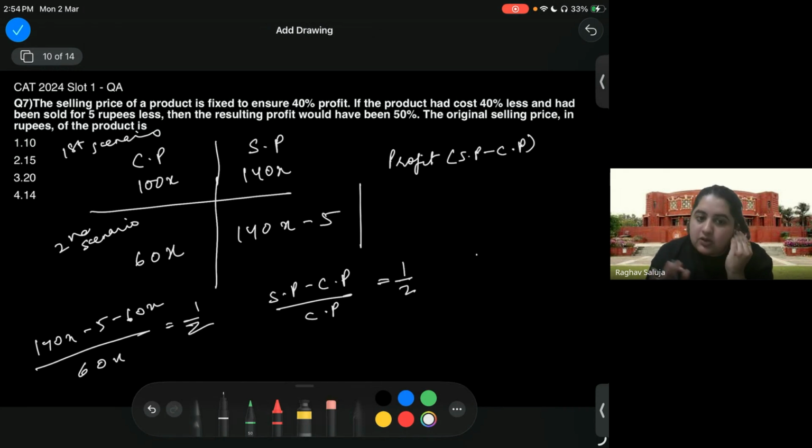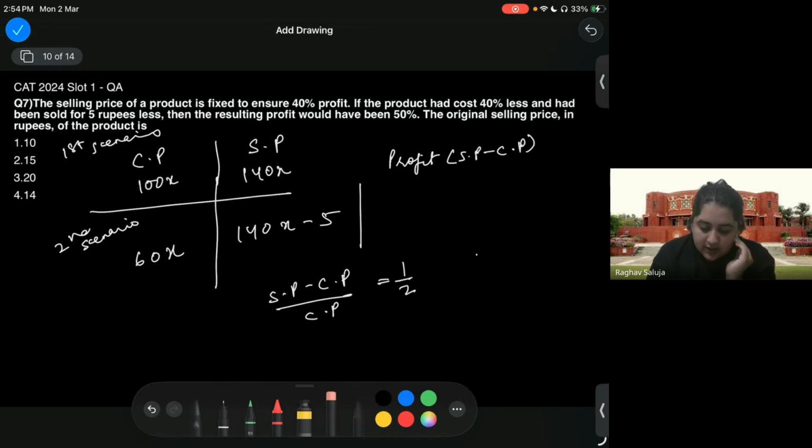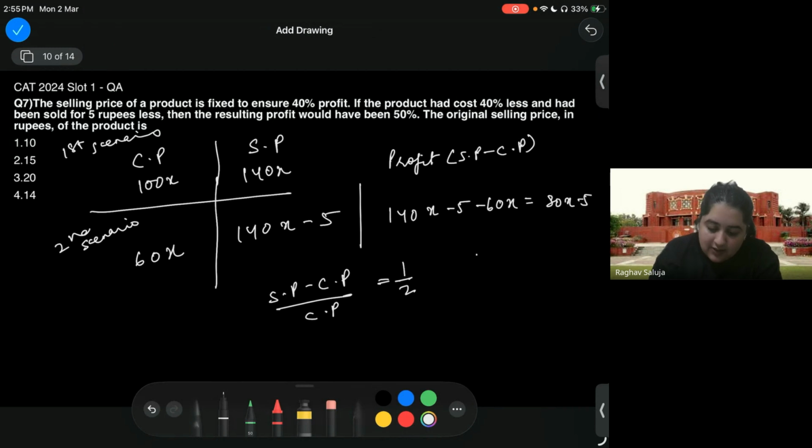This is the statement you should make instantaneously. For the sake of making you understand, a profit here is going to be 140x minus 5 minus 60x, which is 80x minus 5. We will say 80x minus 5 upon our cost price, that is 60x, will be equal to half.